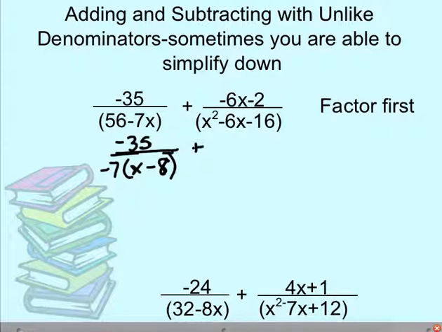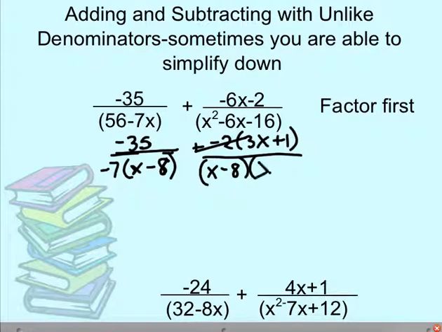And then plus, I'm going to factor out a negative 2 to get 3x plus 1, just in case I can factor anything. And I'm going to say I have an x minus 8 and an x plus 2, which means in this first one, I'm going to be missing a factor of x plus 2 over x plus 2.